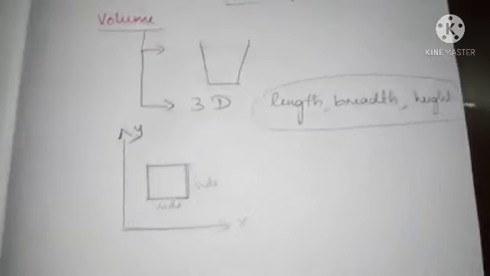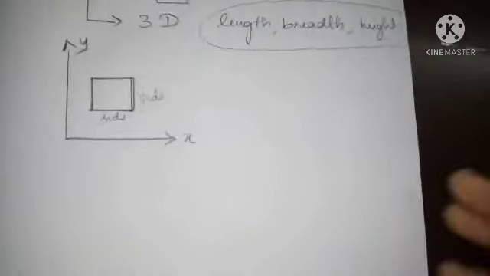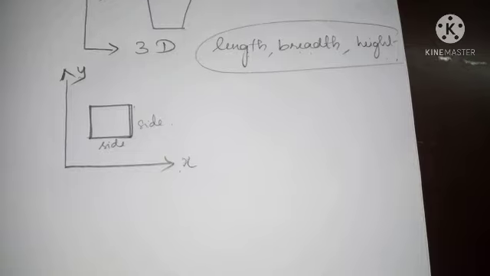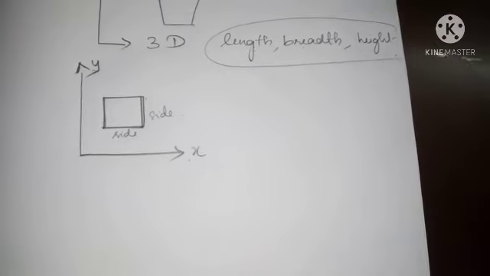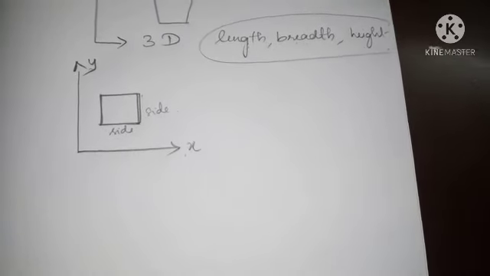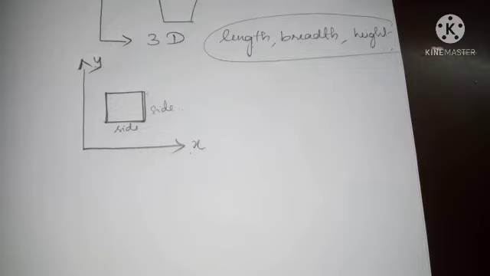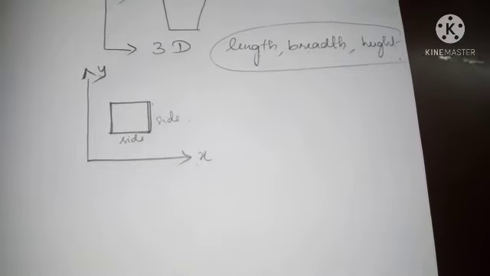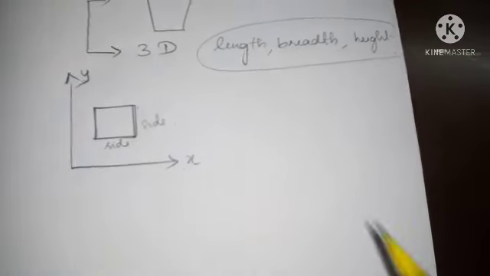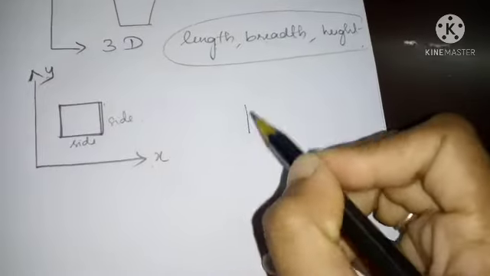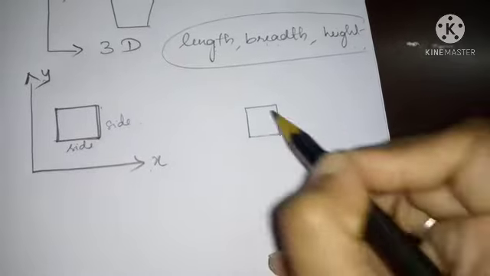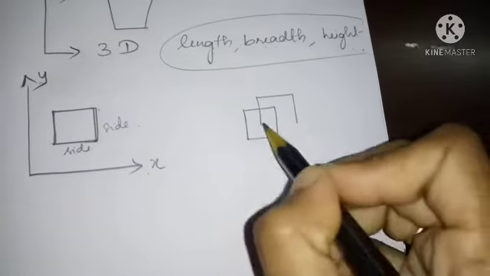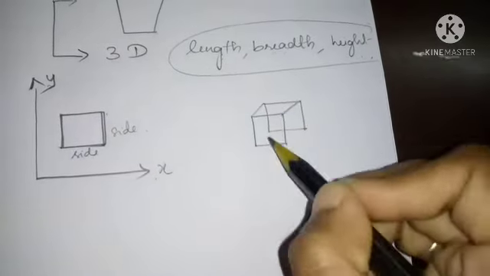Only two axes will be there. So that is what it is called two-dimensional. Even for a rectangle, we will have X and Y axis. Circle also we will have X and Y axis. When it comes to cuboid, you know what is a cuboid? It is the 3D shape of a square.